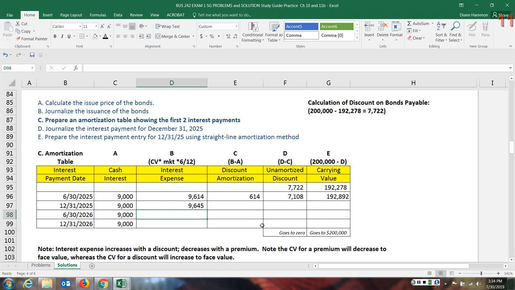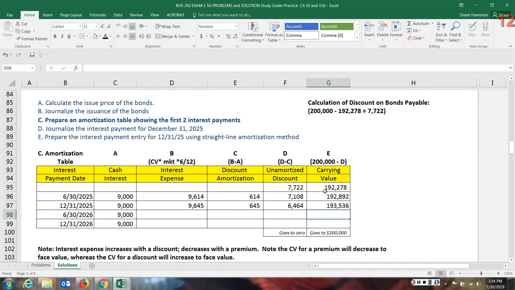We'll just go ahead and do that again. Discount amortization is going to be equal to that full amount of interest expense minus the amount of payment, $9,000, so $645 will be applied to the discount amortization to get a new balance, and Excel took care of that for us.